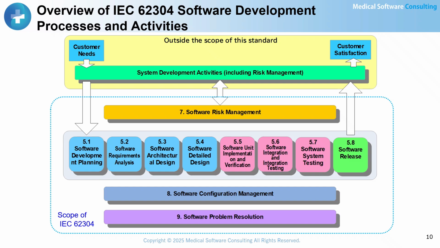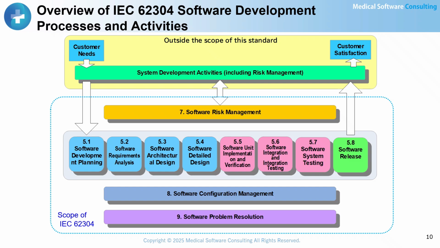After that comes 5.7, Software System Testing, and finally 5.8, Software Release, which ensures that customer needs are satisfied. In addition to these main development processes, IEC 62304 also requires 3 supporting processes: Clause 7, Software Risk Management; Clause 8, Software Configuration Management; and Clause 9, the Software Problem Resolution Process.